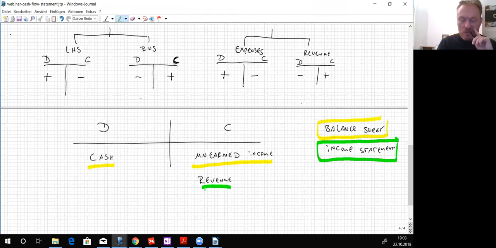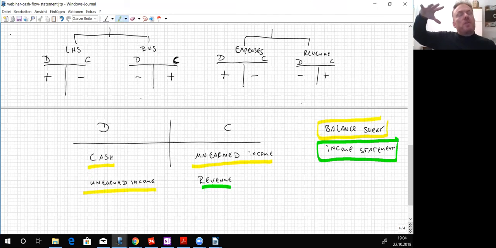But we have to fully dissolve unearned income. We have to fully dissolve this unearned income, which of course was a yellow thing. It was part of the balance sheet. So unearned income is going to rise in the first year.